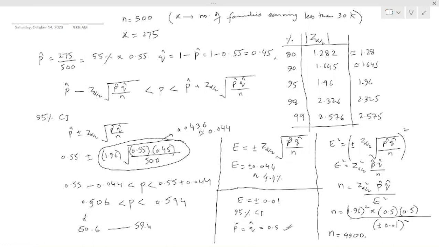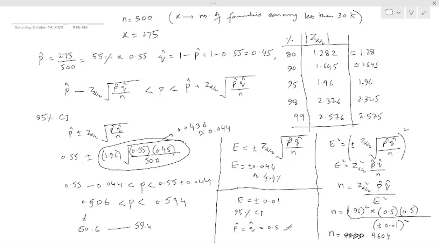No, this is 9604. That's 9604 is the answer. So this is how we determine the sample size.